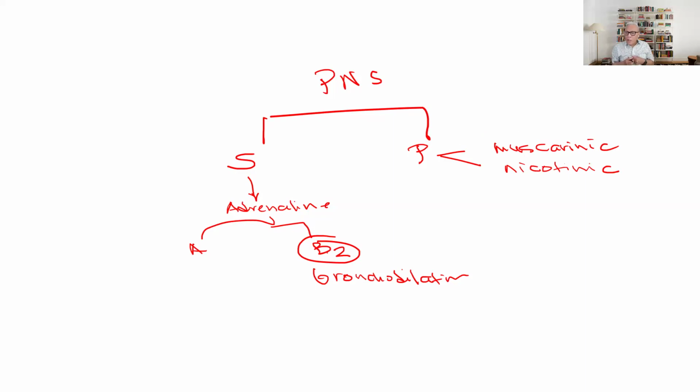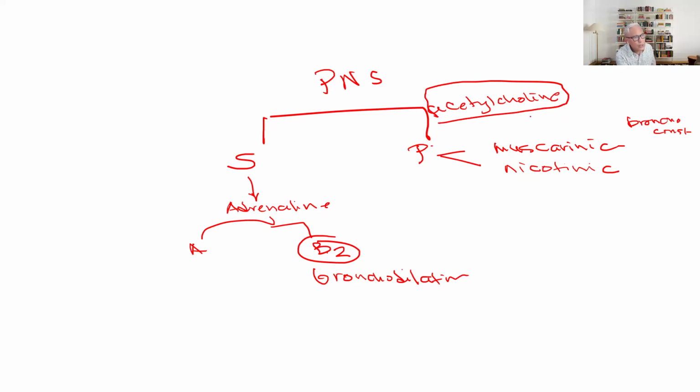So muscarinic receptors are those that are going to cause bronchoconstriction. The parasympathetic nervous system acts by another hormone that is released called acetylcholine, and that's why it's called the cholinergic system. When acetylcholine is released and goes into your muscarinic receptors, it causes bronchoconstriction.